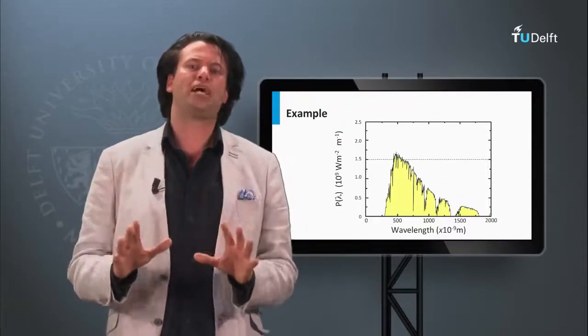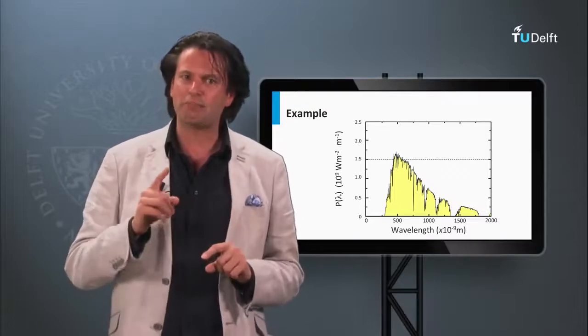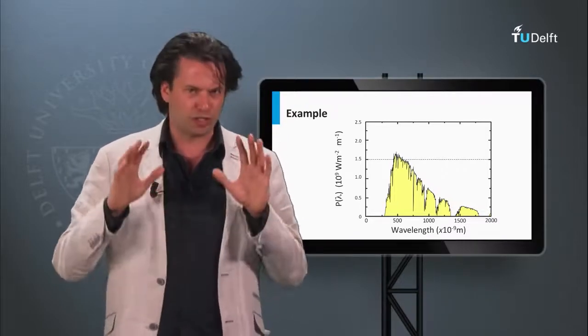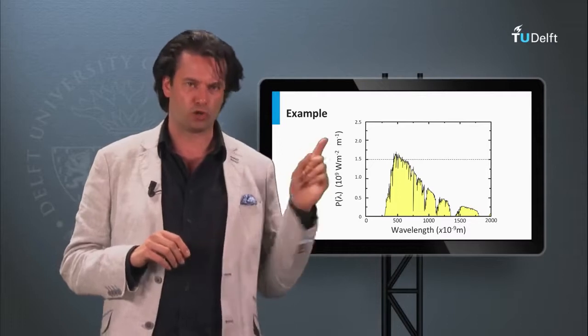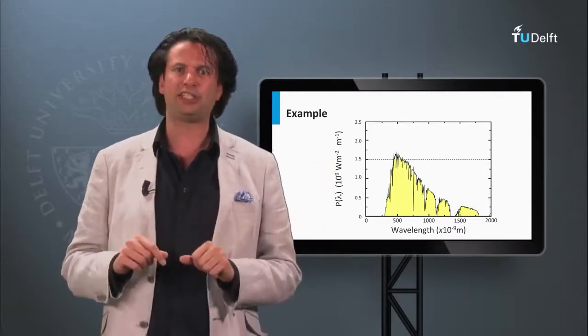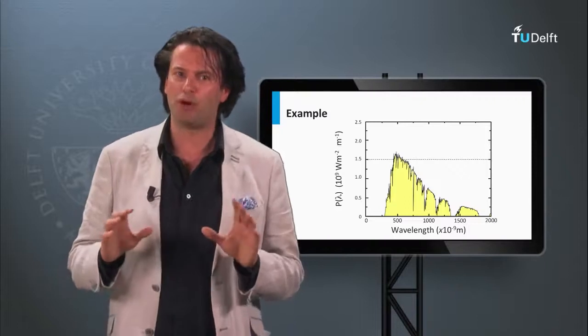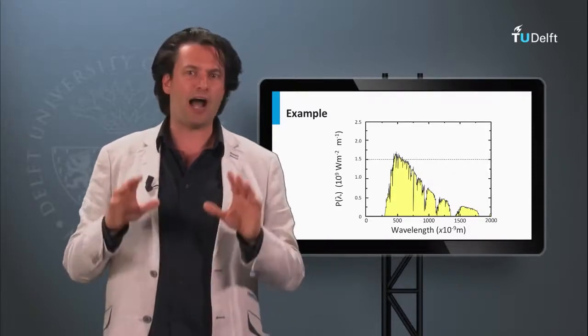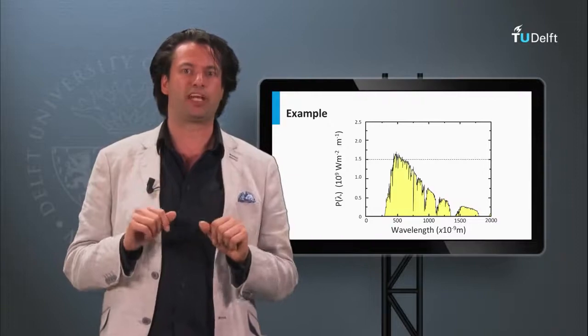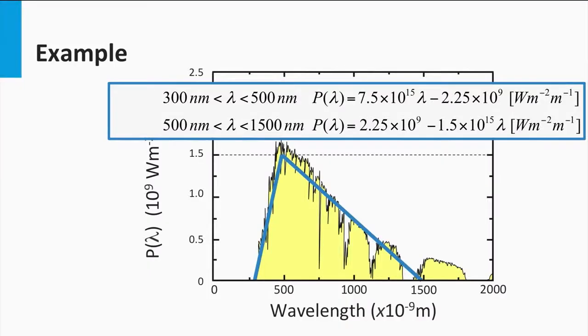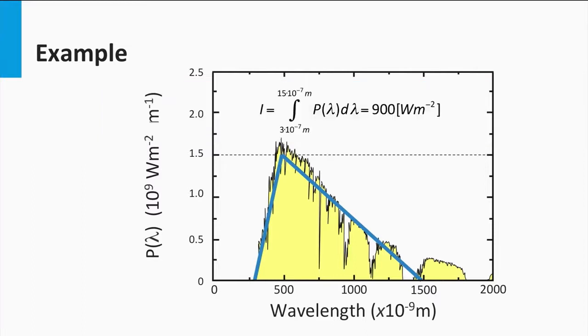I will show you an example of an easy way to estimate the current density using a simple approximation of the solar spectrum. Here we see the spectral power density of an AM1.5 solar spectrum. I will make a crude simplification. The spectral power density function of a solar spectrum can be roughly approximated with a linearly increasing line from 300 up to 500 nanometers and a linearly decreasing line from 500 nanometers up to 1500 nanometers.